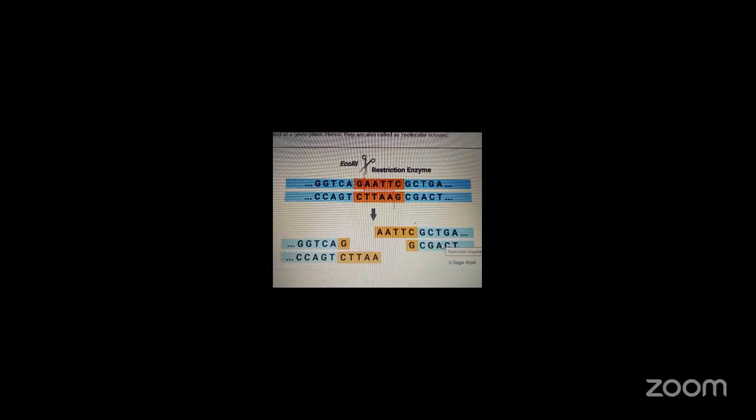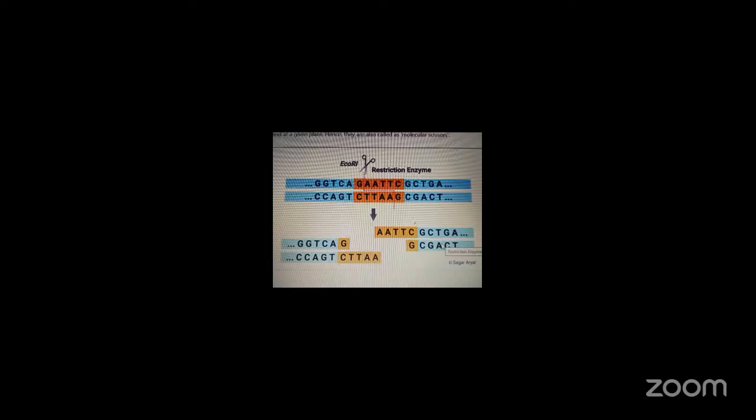These palindromes are base sequences that read the same on the two strands but in opposite directions. So this DNA sequence recognized by some restriction enzymes we call a palindrome.